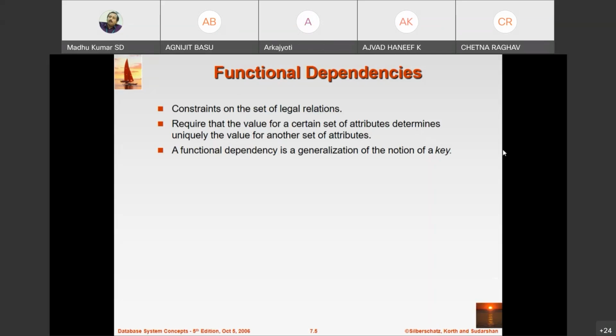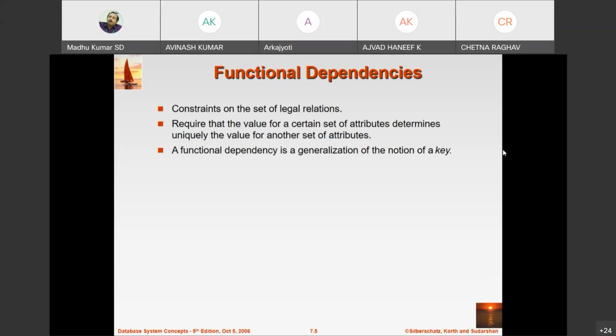Because the student ID or the roll number is going to be unique for every student, I can say that roll number functionally determines the student name. Now, Avinash Kumar, when every student has a unique roll number, can I say that the name uniquely identifies the roll number? No, sir, we cannot say that.